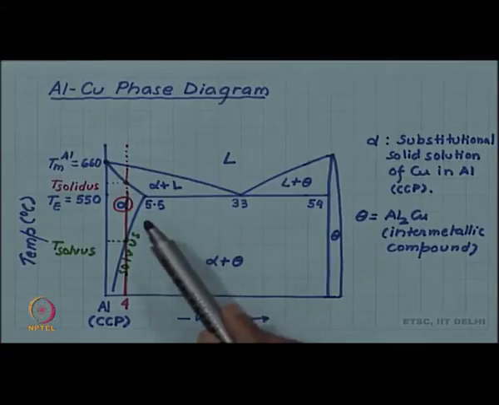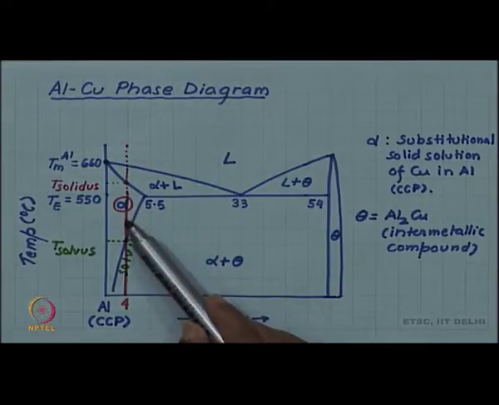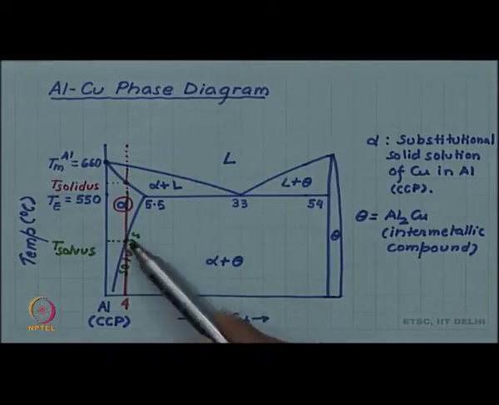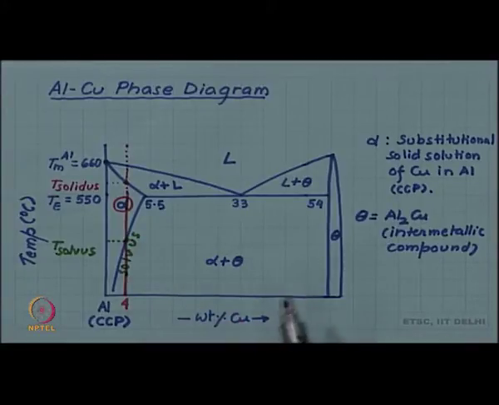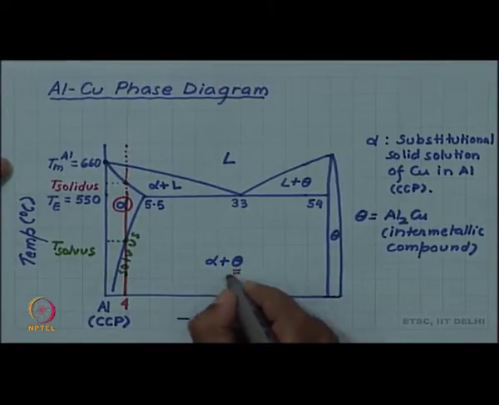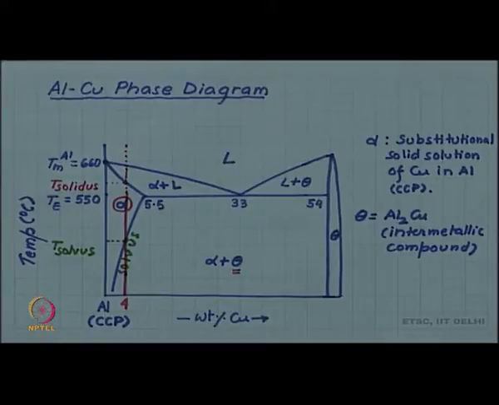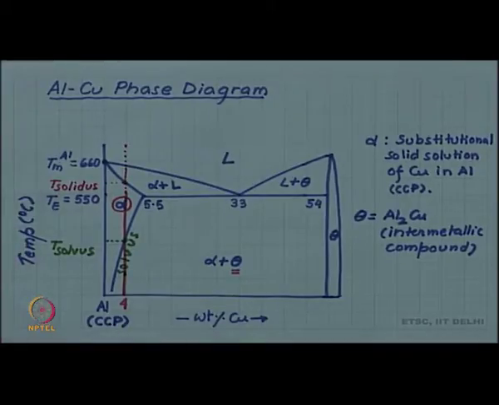Now, if this phase is cooled below the solvus, theta will start forming within alpha. So, alpha is already a solid CCP phase, and in that a new phase, the precipitate phase theta, will form.